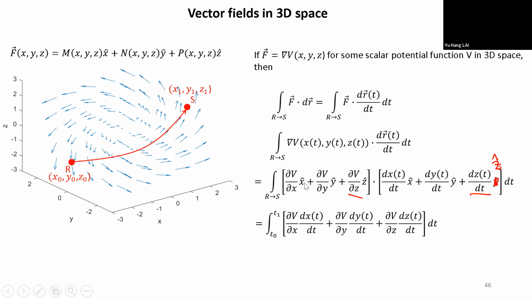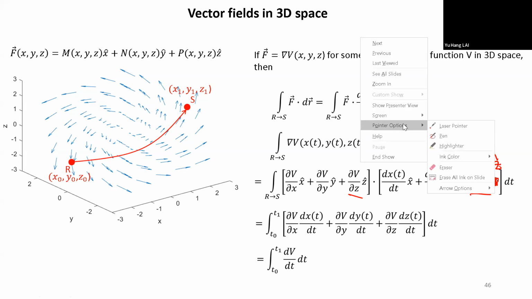So if we consider this dot product, then we can write this entire integrand as this. And you can again recognize that this can be written as the total derivative dv/dt. Again, just the chain rule. Last time we used the chain rule for 2 variables, x and y.